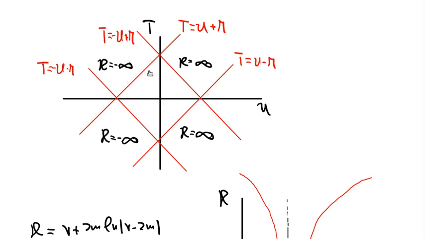I didn't mention this, but as before, we could have picked any of these squares, because this is an infinite set. It's the same as Minkowski, and we could have picked any of these squares as a representation of our space-time.